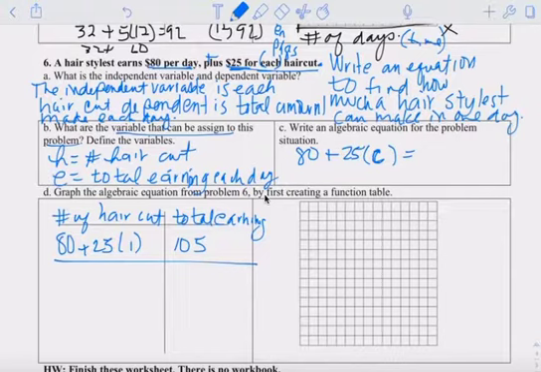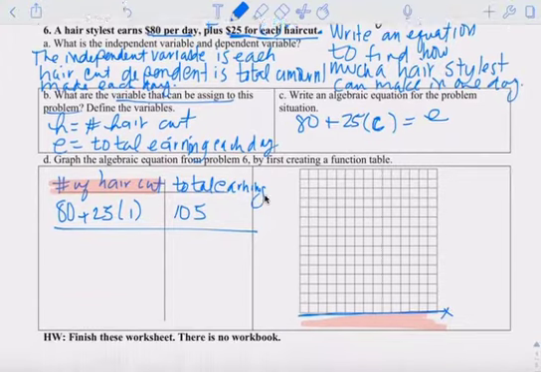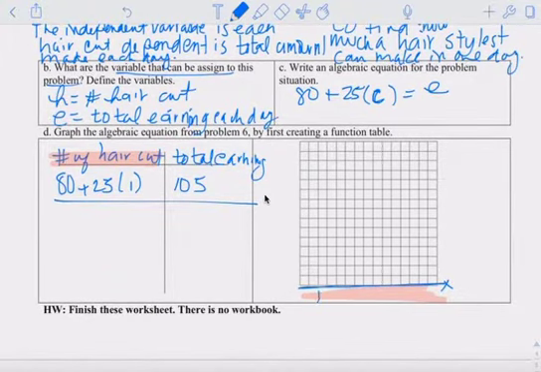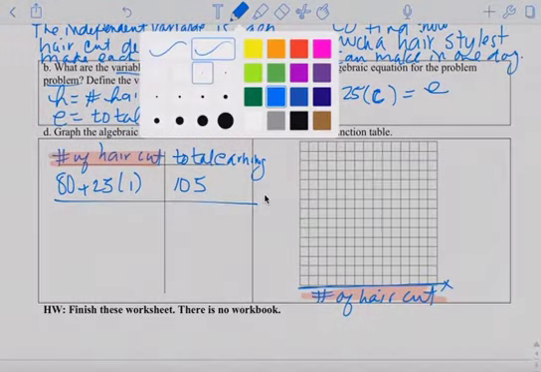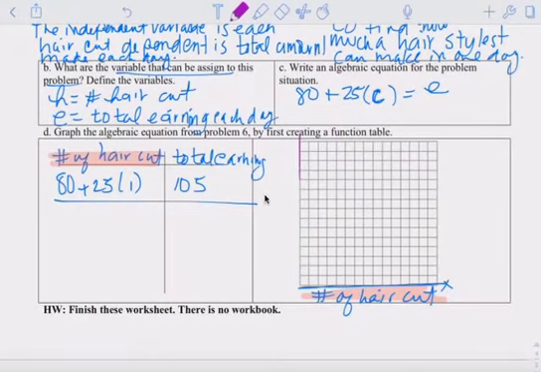Equals E, earning. Now here is the independent variable, the number of haircuts. That's the x-axis. And then right here, total earning in dollars.